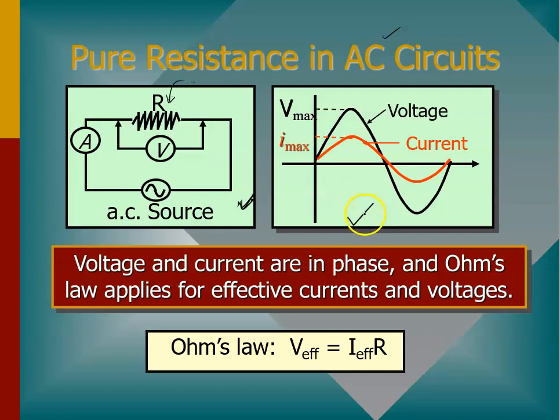So the sketching of the graph is supposed to be just like this one, where I maximum and V maximum will be plotted on the same graph, and the value of I maximum will be a little bit lower than V maximum. But then when the circuit is closed, the voltage and current are supposed to move inside the circuit in phase, right?